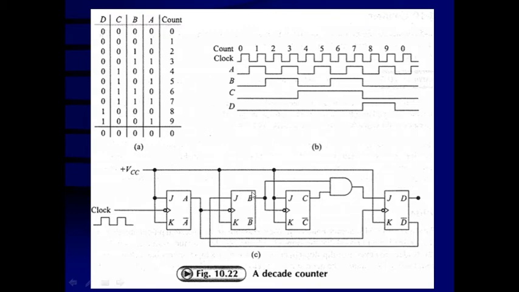Here the output of flip-flop B is driving the clock input of flip-flop C, and the output of B and the output of C are input to the AND gate, and the output of this AND gate is the J input for flip-flop D, and hence flip-flops B, C and D are working as a modulus of 5 counter. So here the modulus of 2 counter is followed by this modulus of 5 counter.